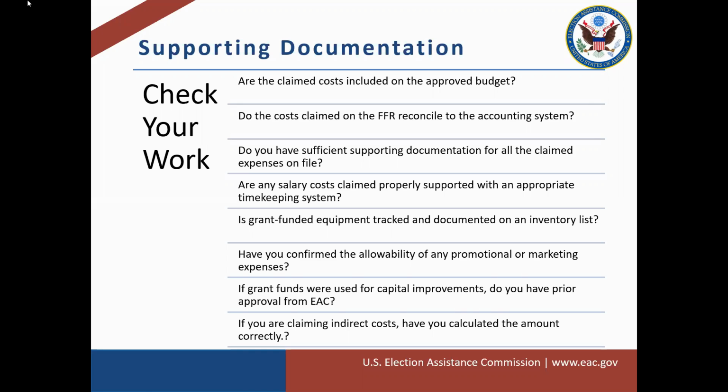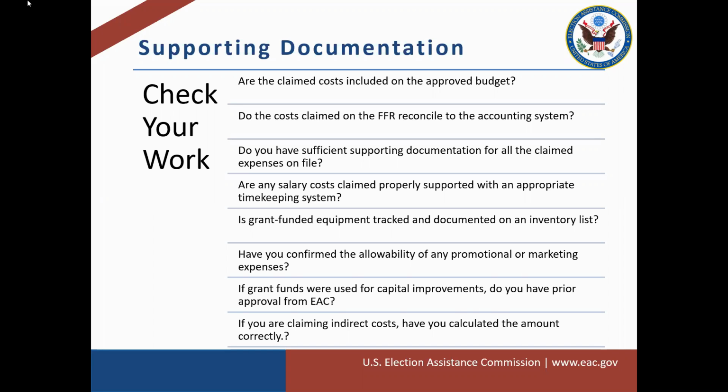So as you're completing your FFR each year, you need to make sure that the claimed costs are included in the approved budget. Now, your approved budget for your 251 grant funds, if you still have that grant open, is the state plan that you submitted and that's on the EAC website.